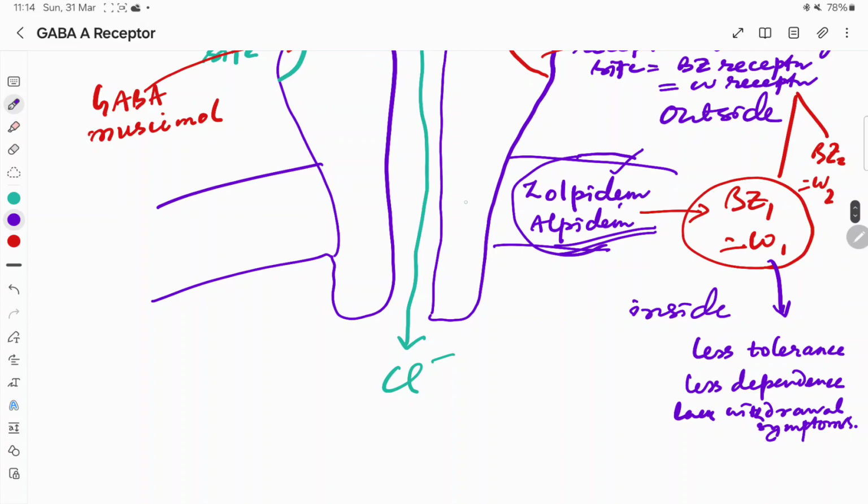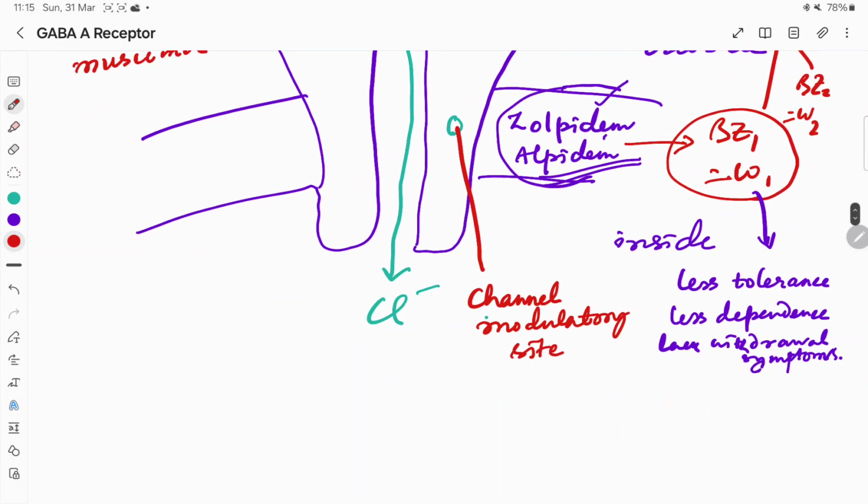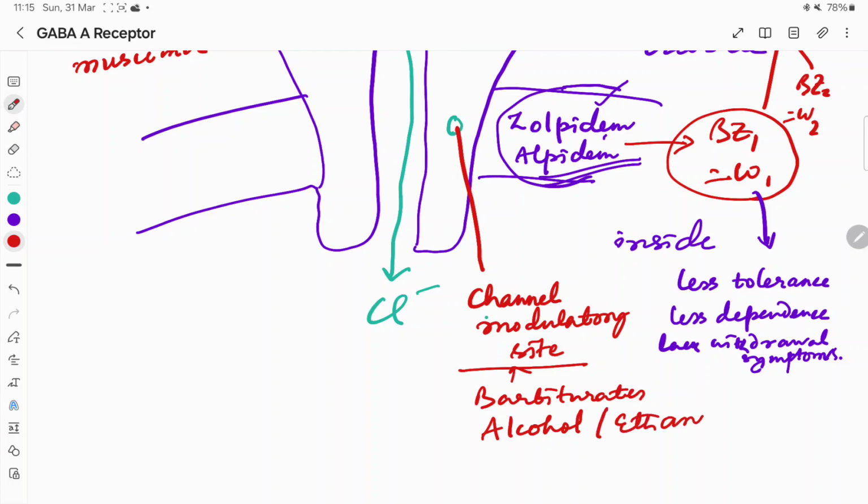Then we have another site called the channel modulatory site. To the channel modulatory site, many drugs bind: drugs like barbiturates, alcohol, for example ethanol, and neuroactive steroids.